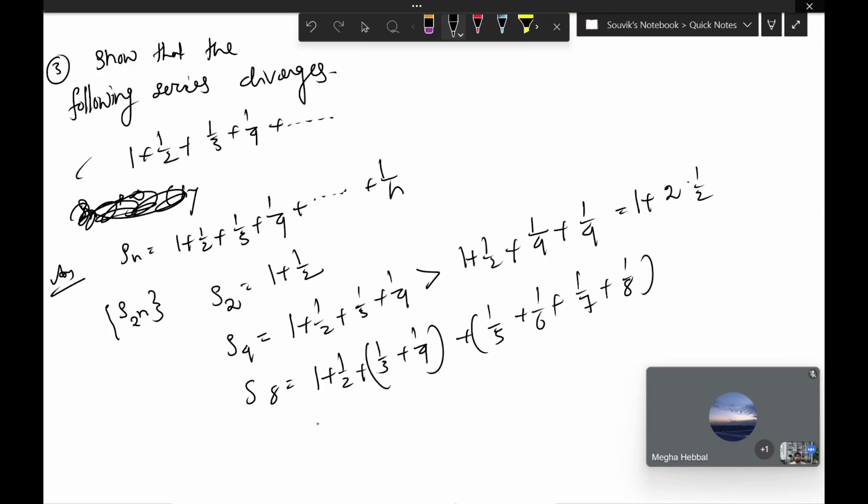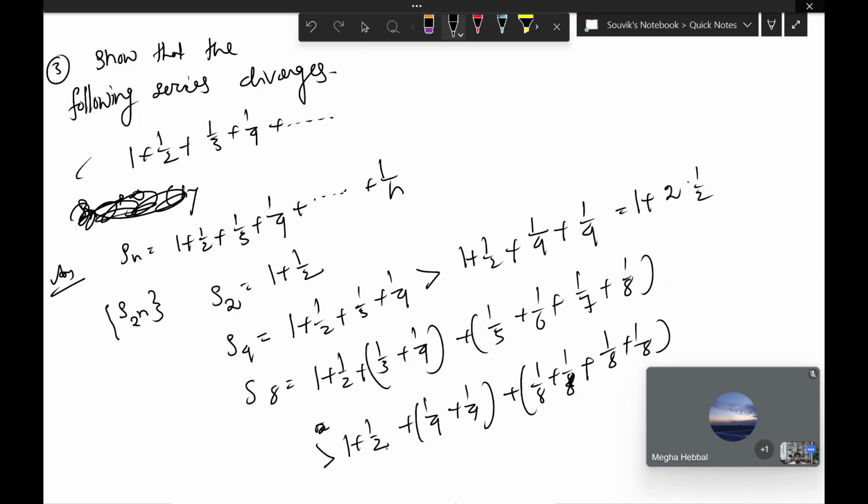This is greater than 1 plus half plus 1 third, which is greater than 1 by 4. And the rest of the portion will be replaced by 1 by 8. So this is greater than, or equal to, 1 plus 3 into 1 by 2.